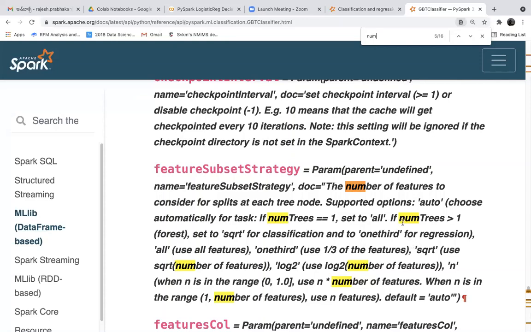We have to give numTrees, which is equal to 1. If numTrees is greater than 1, it is set to square root for classification and to 1/3 for regression. Options are: use all features, 1/3 of the features, square root, use square root of the number of features, log2, use log2 of the number of features. So you have to give it as feature subset strategy and numTrees.